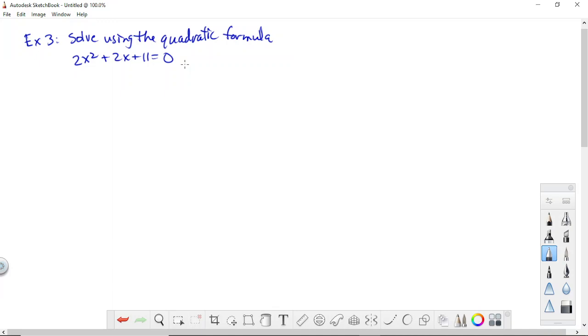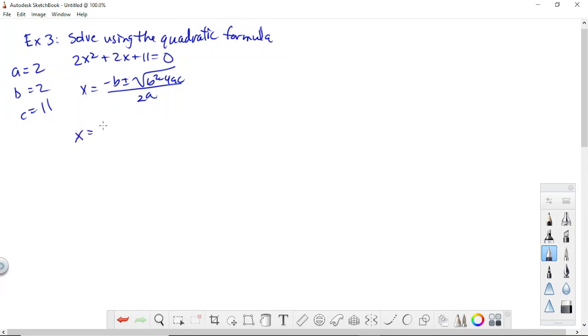Yay, we don't have to do anything before we start. So we'll just write down A, B, and C. A is 2, B is also 2, C is 11. And now we will plug everything into the quadratic formula. We can write it down real quick first. Okay, and so plug everything in.